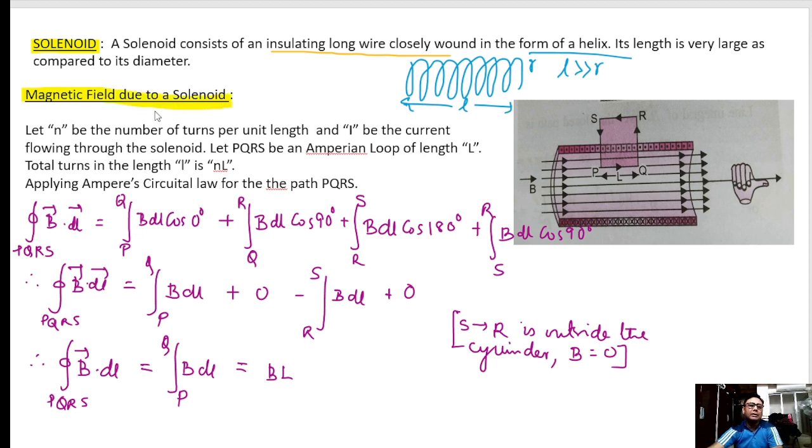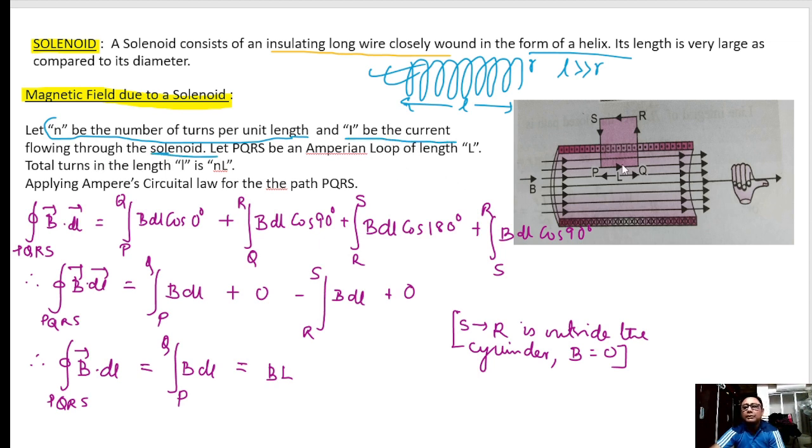So let's see the magnetic field due to the solenoid. Here is a solenoid in which the wires are wound like this. Suppose n is the number of turns per unit length and I is the current flowing through the solenoid.